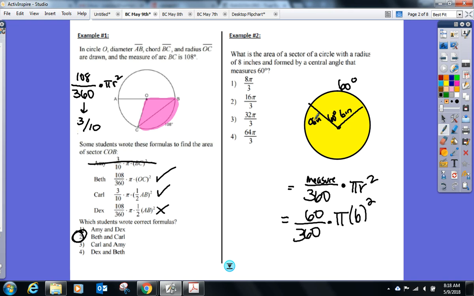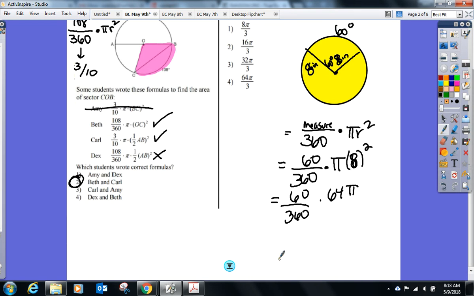6 squared is 36. How about 36? There we go. 60 over 360 times 36 pi. Again, pi's got to be in your answer according to the multiple choices. So all I'm going to do is 60 over 360 times 36, turn it back to a fraction.